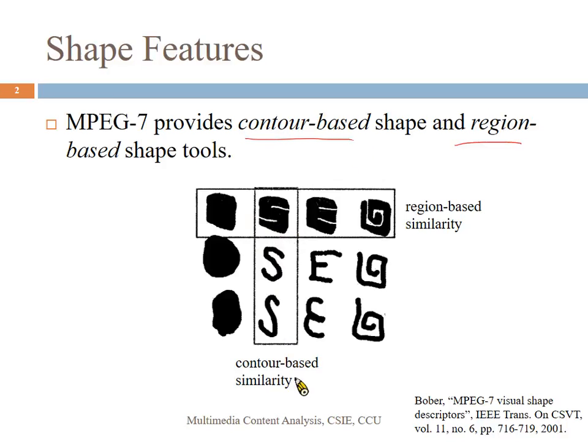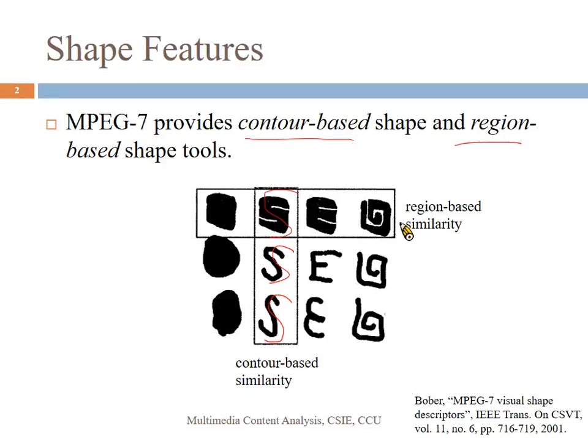For the contour-based shape feature, we can describe the contour of a specific object, just like this. So we can describe the shape of the character X. Based on the contour-based feature, these three Xs in different variations can have similar descriptions.